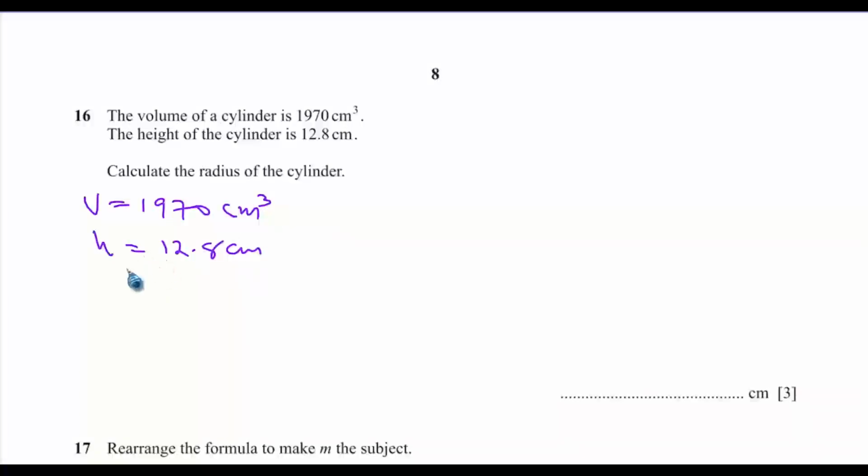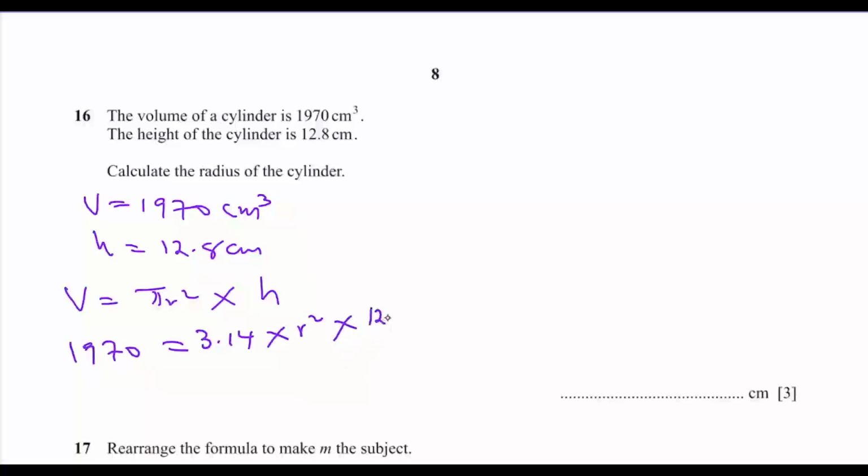So we already know that the volume of a cylinder is equals to the base area times height. The base area is a circle, so that will be the area of a circle, which is pi r squared, times height, which is h. So let's key in the values. We have the volume to be 1970, then equals to the value of pi, given as 3.14, multiplied by the radius, that's r squared, then multiplied by the height, that will be 12.8.